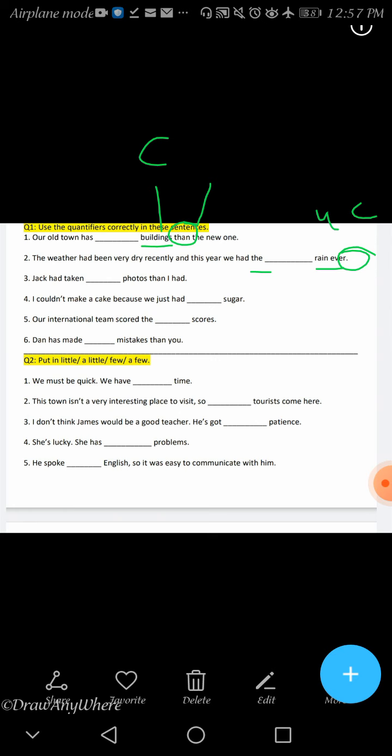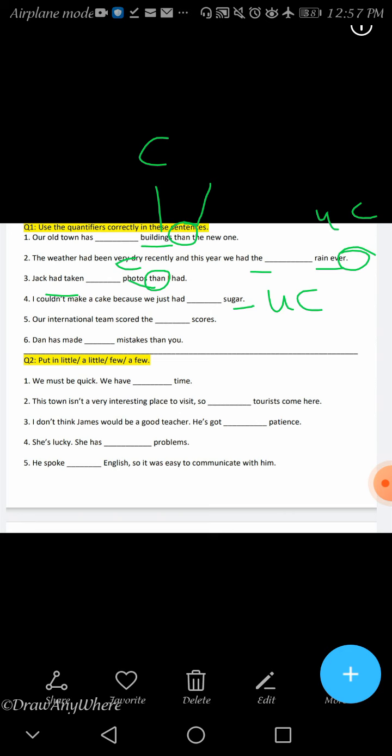Jack had taken fewer photos than I had. So الفوتوز countable وفي عندي comparative. I couldn't make a cake because we just had little sugar. Sugar, it is what? Uncountable, غير معدود. And this is negative idea because we or they couldn't make a cake. 5.